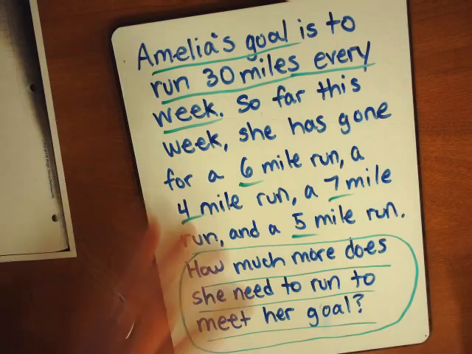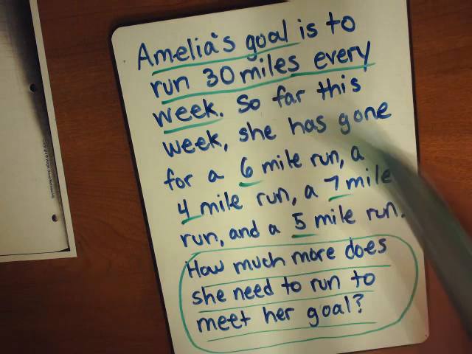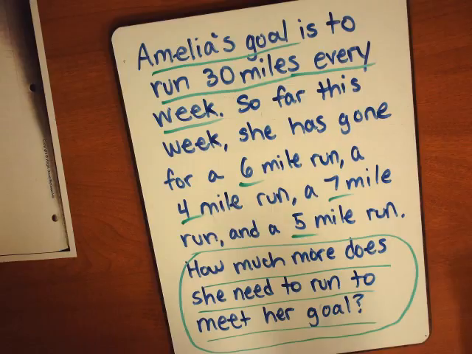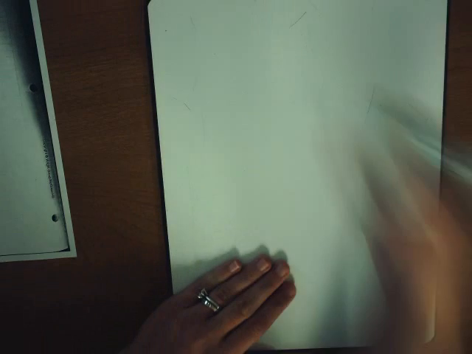So in my plan on this one, I know what my total is supposed to be. I don't know what a missing part might be. Okay, so on my plan here, I'm going to draw another part-whole diagram. But this time I've got a missing part.